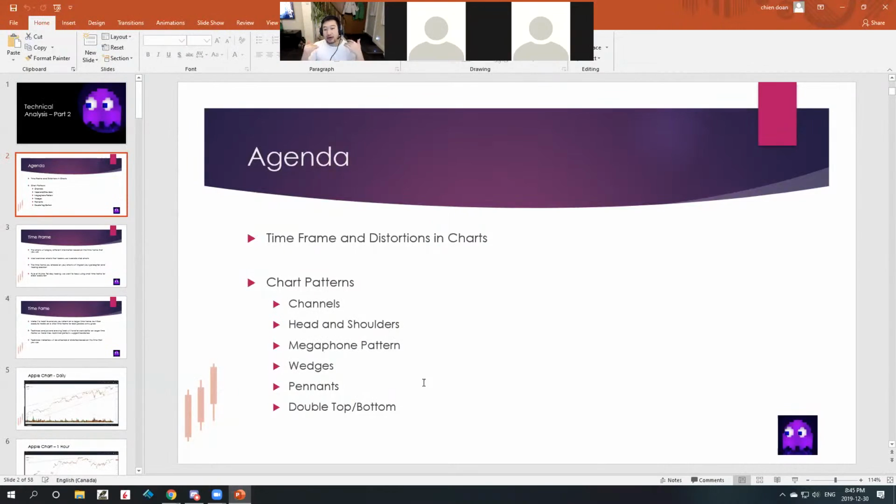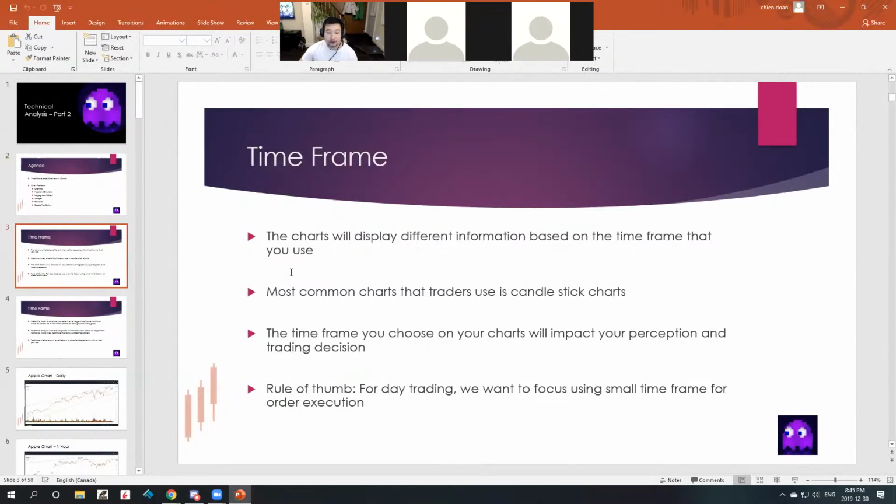So somebody who's day trading would be more interested in looking at smaller time frame prices than somebody who is investing, right? Those types of things become very important to your strategy development. Depending upon your strategy, you'll be using different time frames, and the time frames, as I've mentioned before, will also affect and distort the way you see the charts.